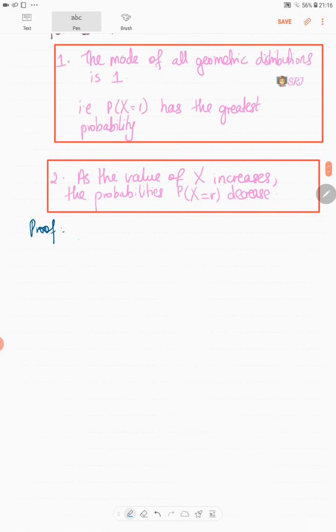If we have X follow geometric distribution with parameter P, that is P is a success, so Q will be the failure, and we know that Q is 1 minus P. And we also can say that this value of Q should be less than 1 because it is a probability.